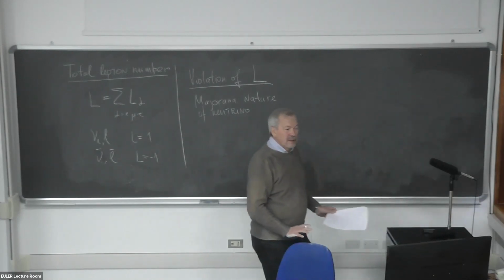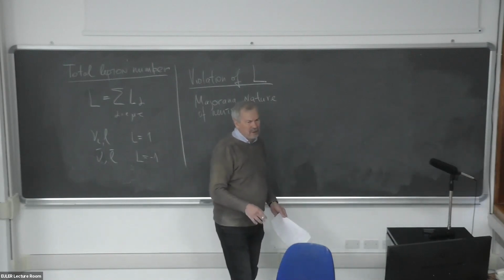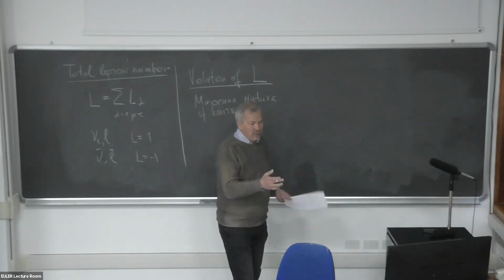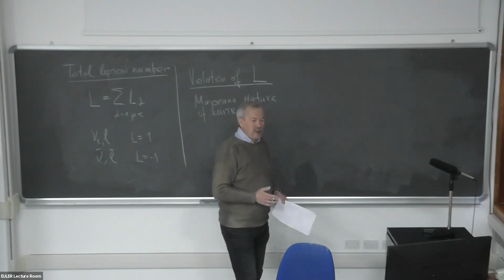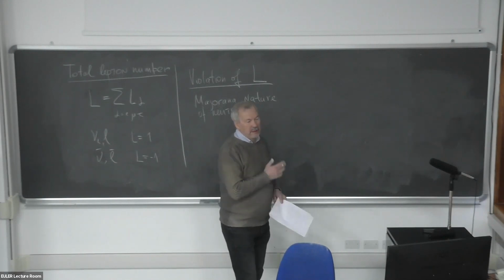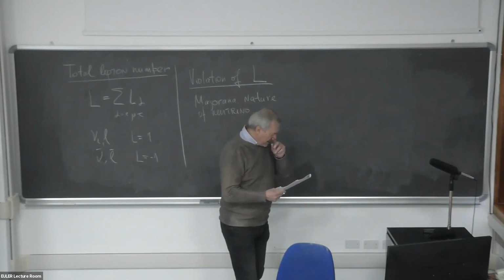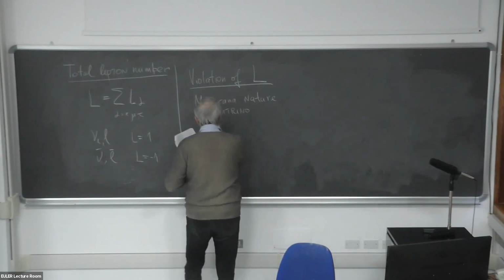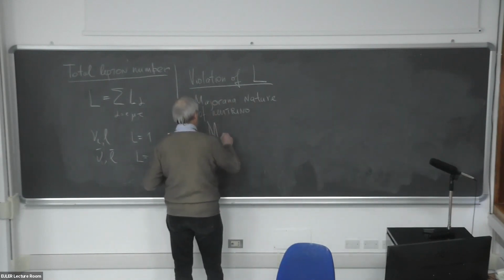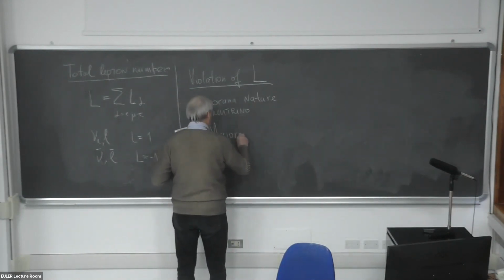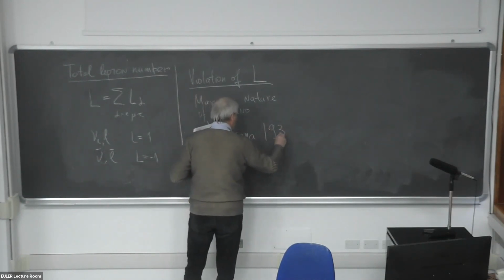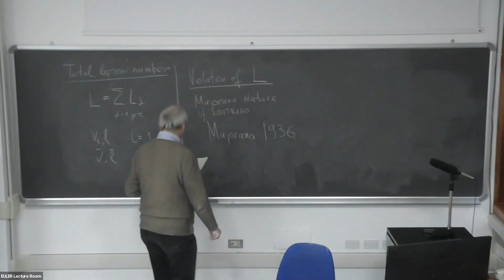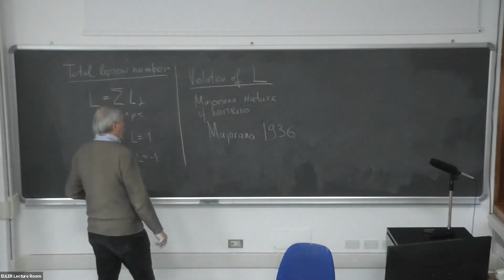So Majorana introduced an equation for fermions. He was not talking much about neutrinos, he also mentioned neutrino, of course, but the most economical equation for fermions. He constructed his Majorana equation in 1936.